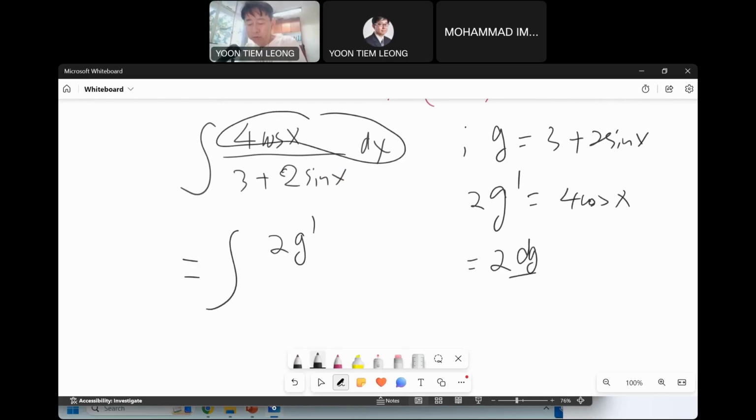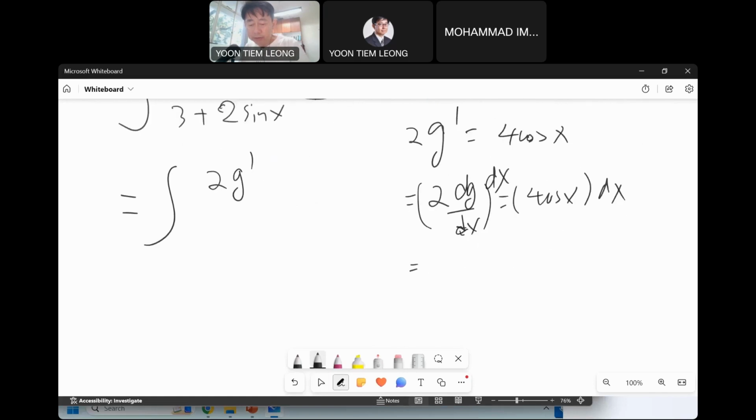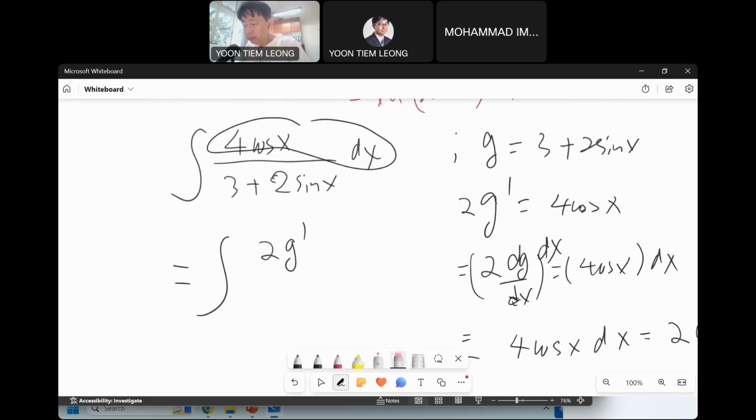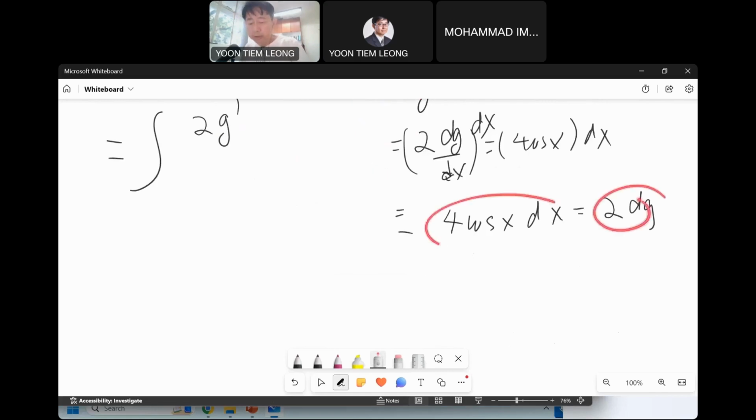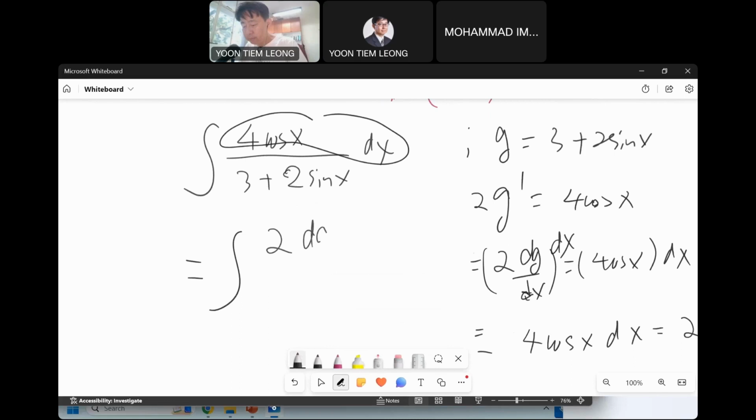2g prime is dg dx, which equals 4 cos x. Then I'm going to multiply by dx on both sides. After this very simple transformation, you can see that 4 cos x dx is just 2 dg, because the product of dg dx times dx gives me the differential. The expression 4 cos x dx is now replaced by 2 times dg over g.